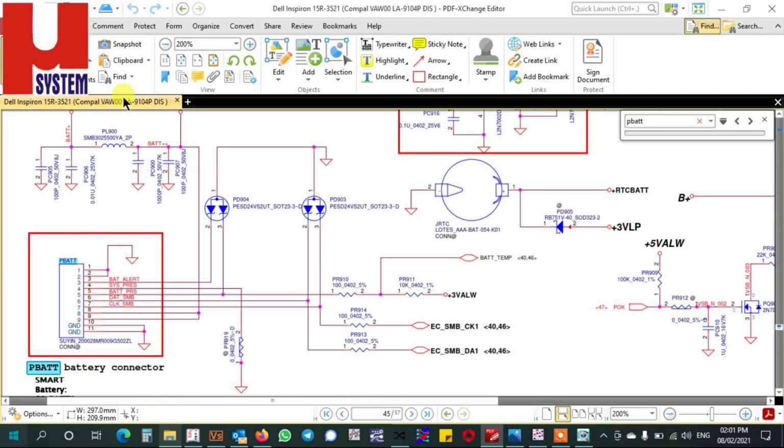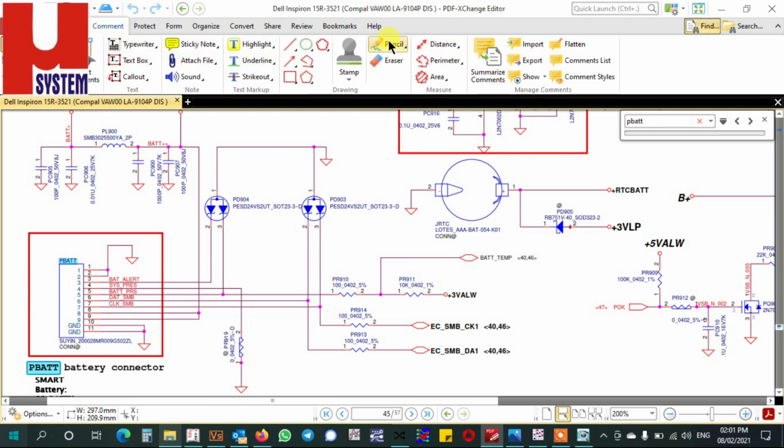Now we are going to check with these points. This 4 number pin, this 5 number pin, and this 6 number pin. We are going to check these 3 points. This 3 number is some battery alert connected with a diode.